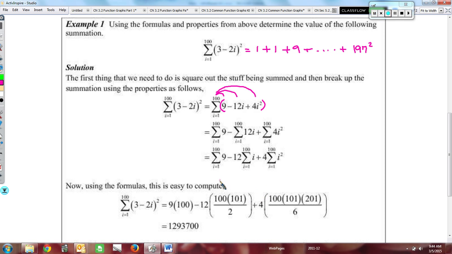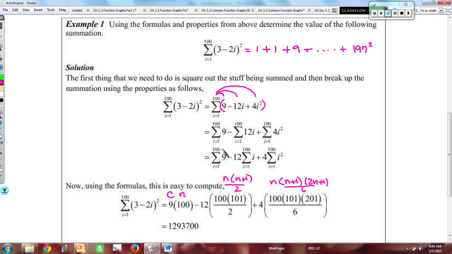So using the formulas above, from here, remember you're going to do your constant times n, that's that formula. Then you have your minus 12, and then this is your formula n plus 1 over 2, where n is 100. And then here's my formula n plus 1, 2n plus 1, all over 6.